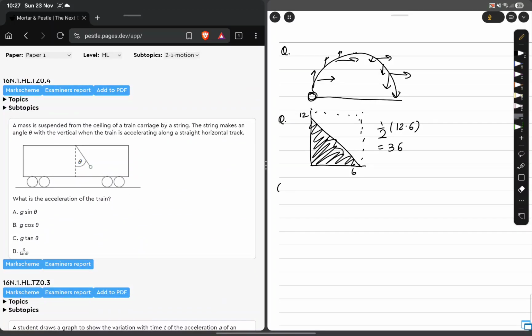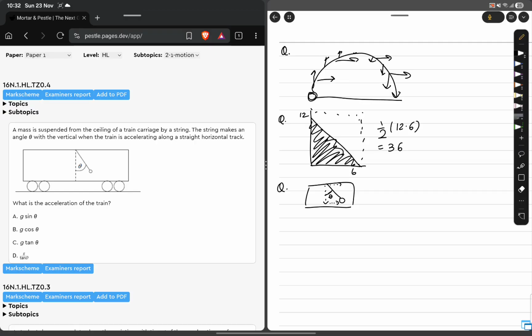Next question. A mass is suspended from the ceiling of a train carriage by a string. The string makes an angle theta with the vertical when the train is accelerating along a horizontal track. What is the acceleration of the train? Okay, so how we're going to solve this question is using Newton's second law. So, for the vertical component, the ball's not moving up or down, it's just moving right.